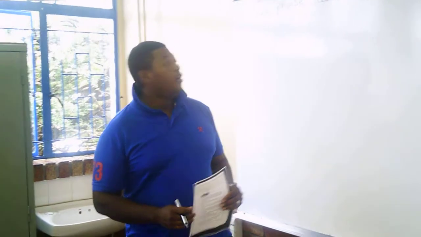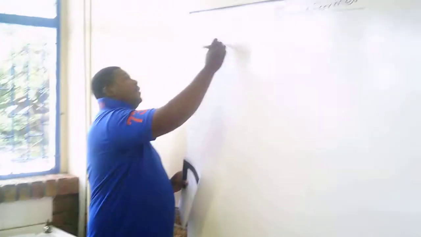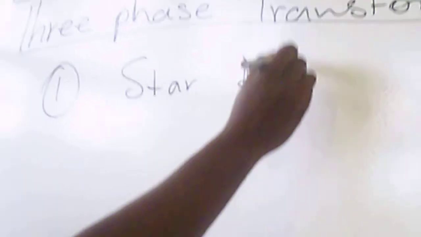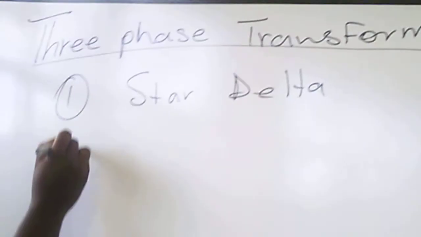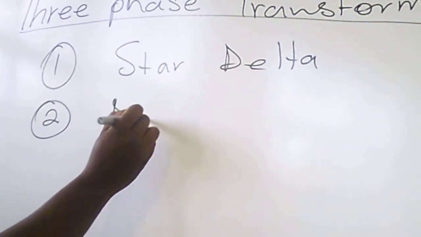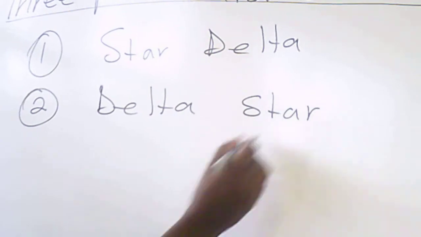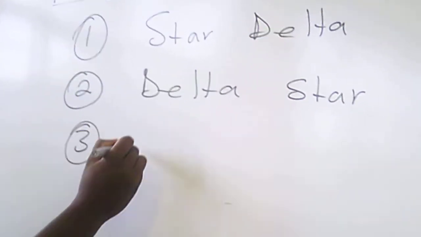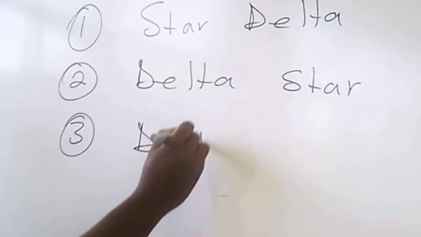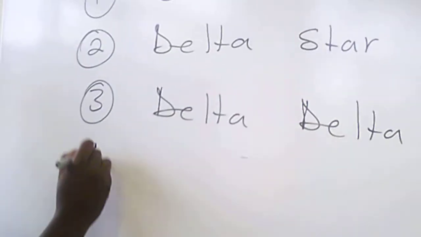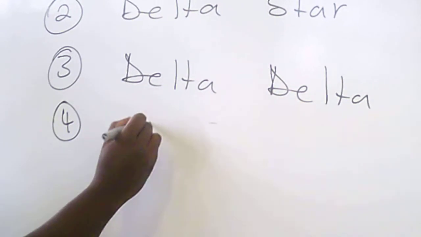As we know by now, a three-phase transformer has four configurations. The first configuration is star-delta. The second one is delta-star. The third one is delta-delta, and the fourth one is star-star.